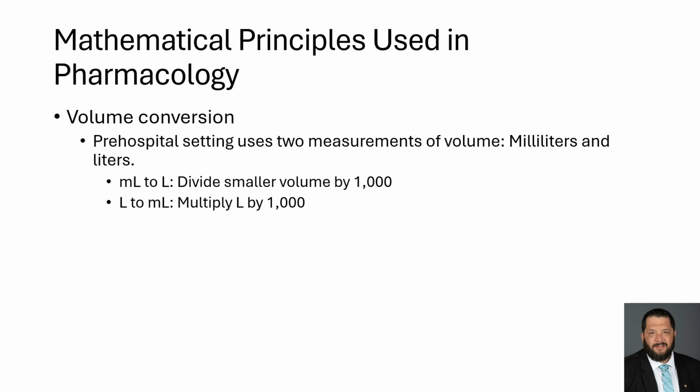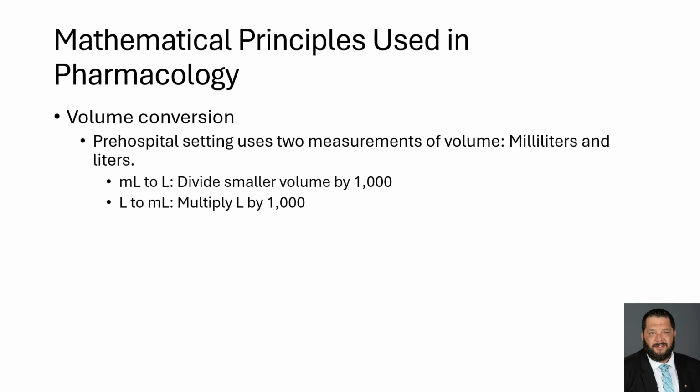More mathematical principles. Let's talk about getting from milliliters to liters. If we're going from milliliters to liters, we're going from a smaller notation to a larger notation. So we would divide the smaller volume by 1,000.